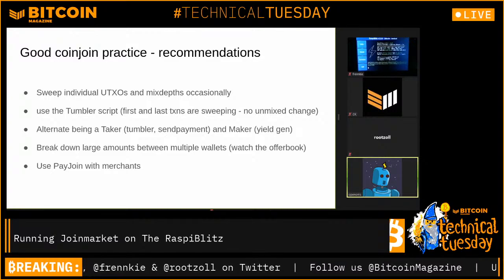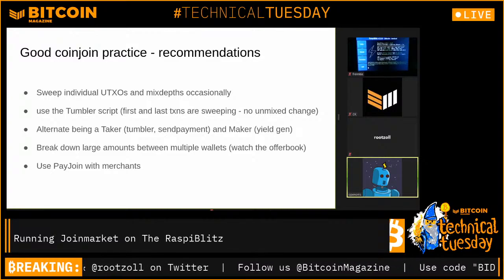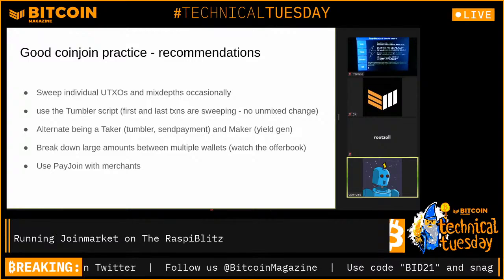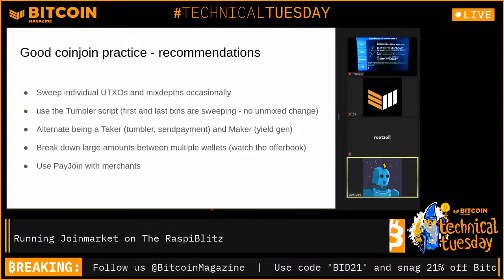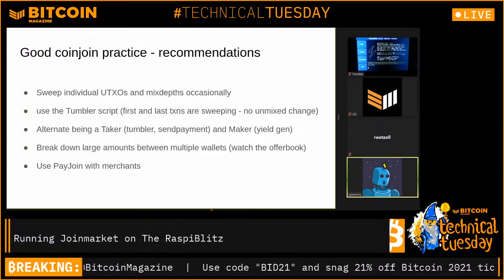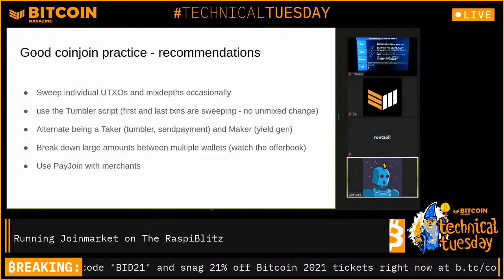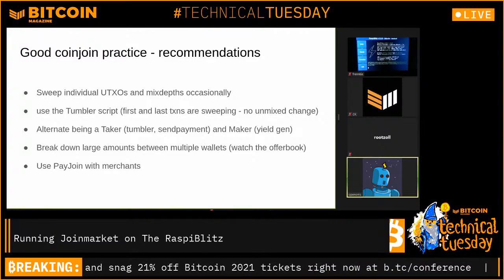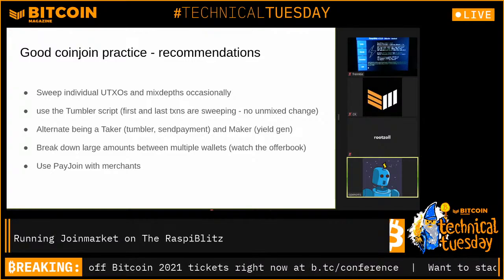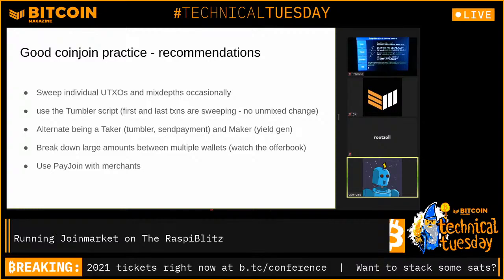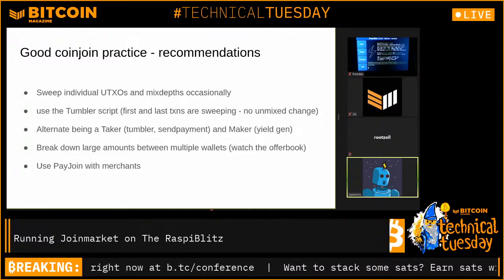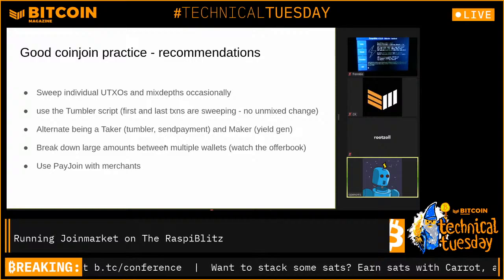So you would need to look and see that, look, I have 100 BTC and only one person is offering coinjoins of above 100 BTC. So I couldn't do an effective, efficient coinjoin with more than 5 participants, for example.